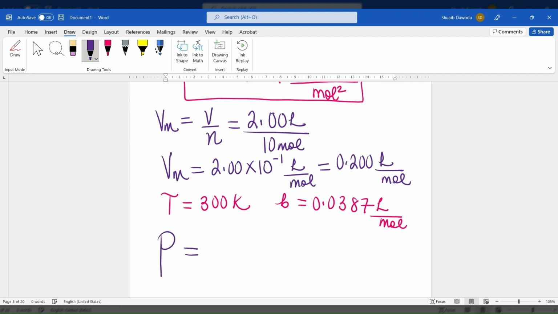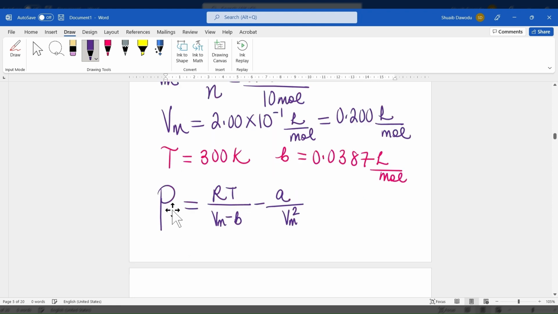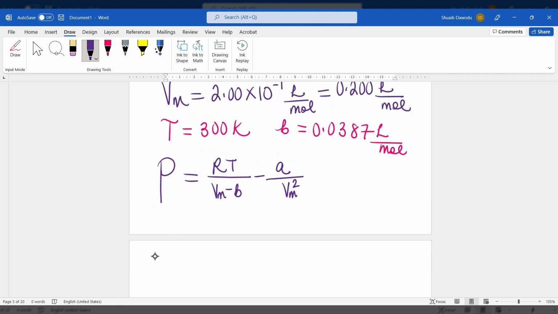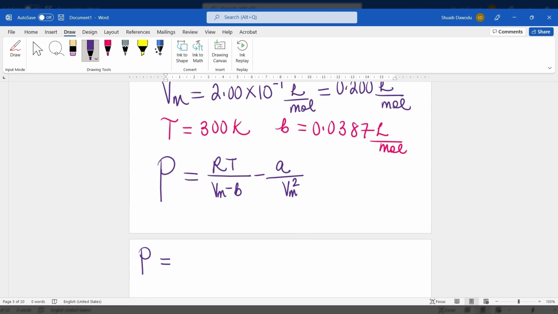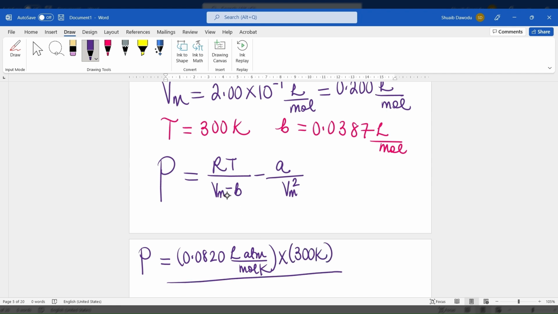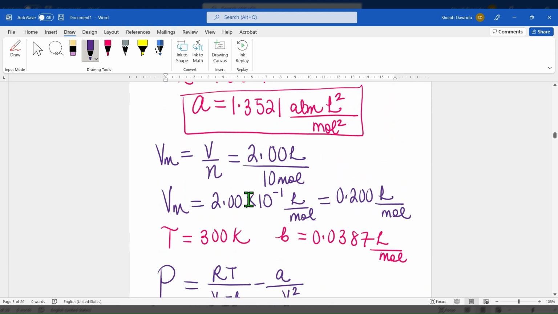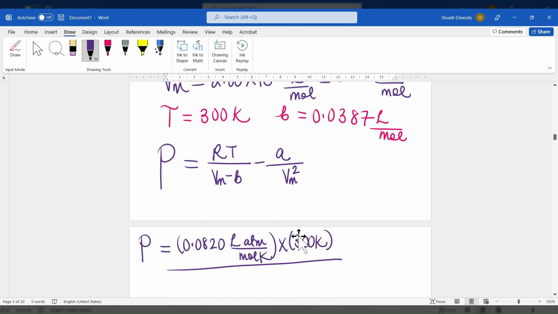Pressure is going to be RT divided by the molar volume minus B, minus A divided by the molar volume squared. So pressure is equal to 0.08206 liter atmosphere per mole Kelvin times 300 Kelvin divided by the molar volume, which is 0.200 liter per mole.